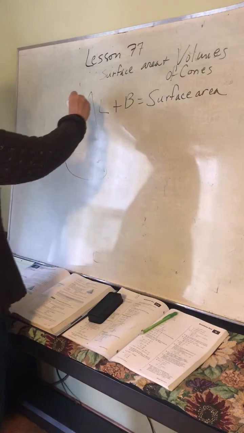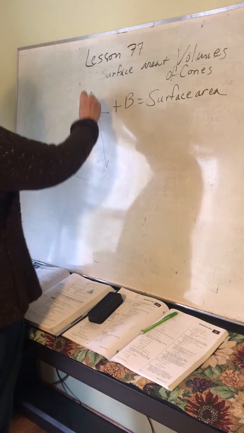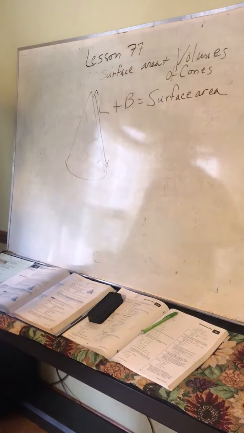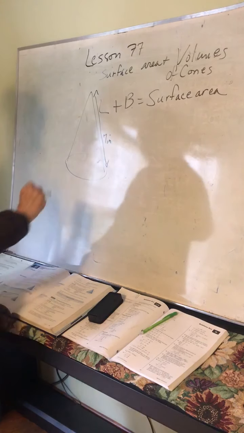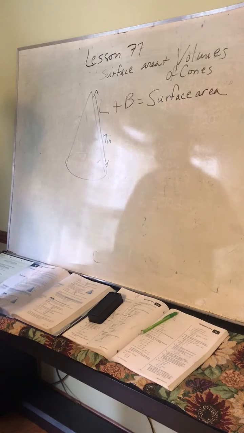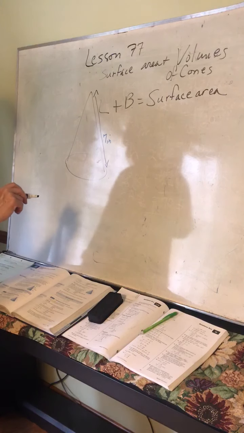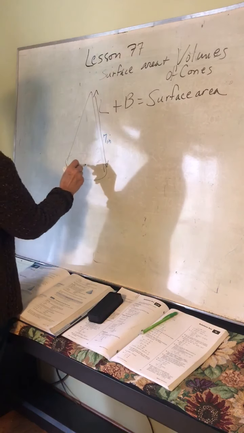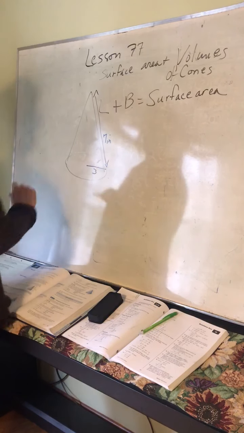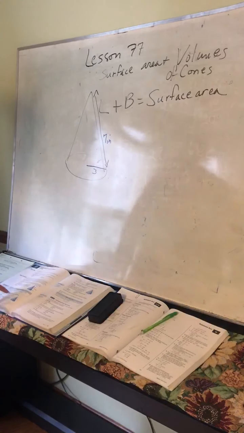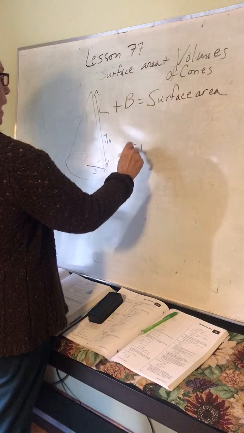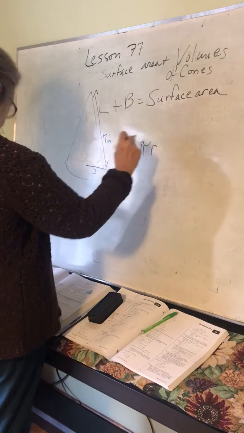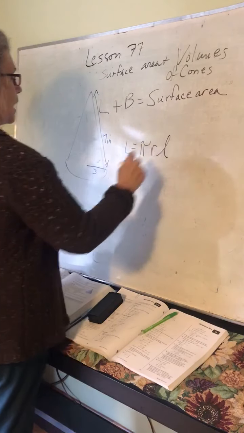And when you do that, there's a formula. You're going to need the slant height, which is 7 inches here, and the radius of the cone is 3, and the lateral area is equal to pi r times the slant height.